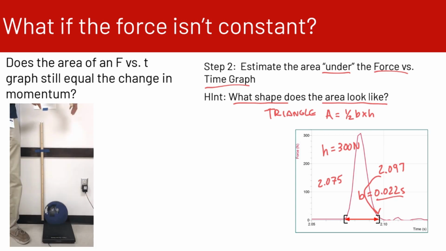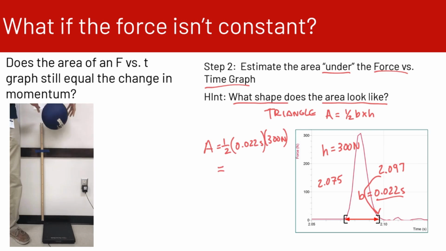So to figure out our area under the graph, we're going to do area is equal to 1/2 times our base, which is 0.022 seconds, times height, which is 300 newtons. Multiply that together, and we end up with 3.3 Newton seconds, which is equal to 3.3 kilogram meters per second.